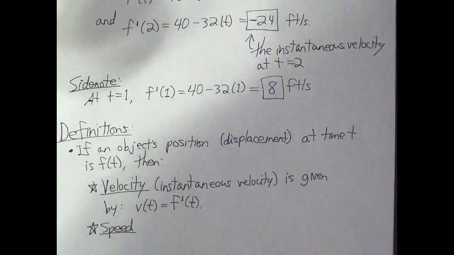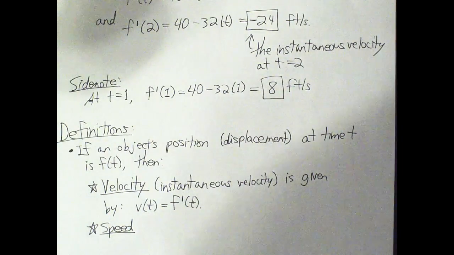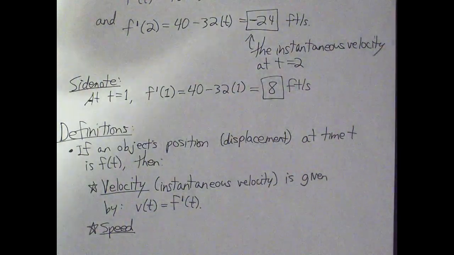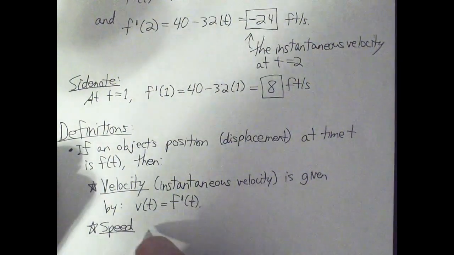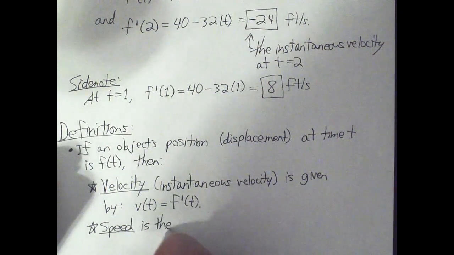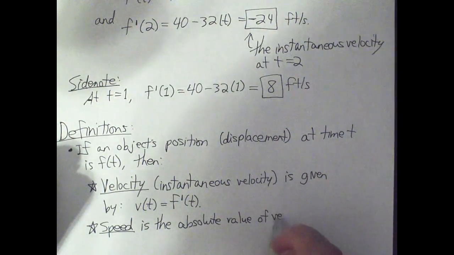You'll be driving in reverse, you look at the speedometer, and it'll say 10 miles per hour. So it seems that even though you're going in the opposite direction, it's always positive. That is what we mean by speed. So speed is always positive or zero, and it is the absolute value of velocity.